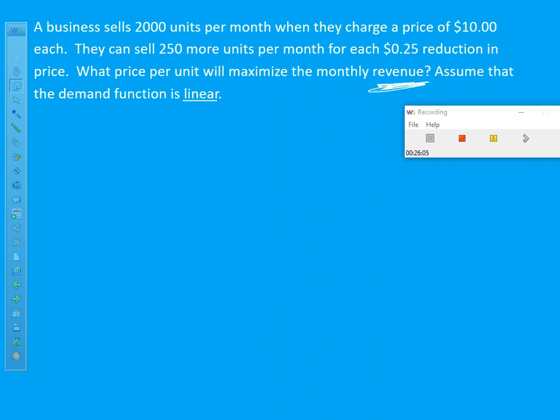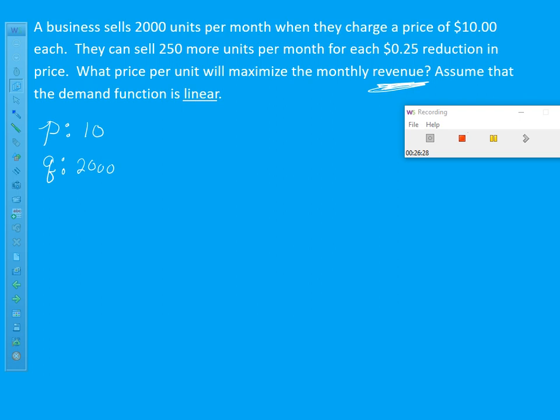So I need a price equation. That's not a capital P for primary, that's a little p for price. And I need a quantity equation. Well, let's write down what we're starting with. Right now, I am charging $10 and I'm selling 2,000 units. That's what I'm doing right here, right now.